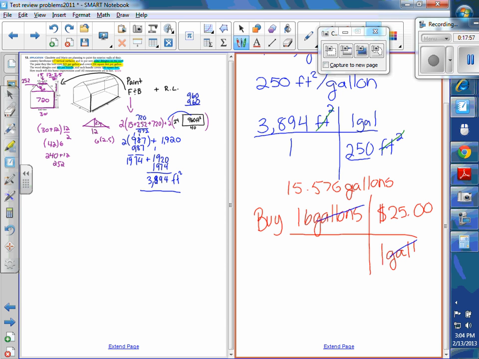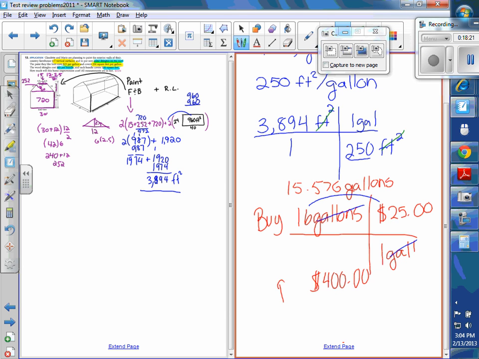So you're really going to multiply 16 times 25, and that's the cost for just the paint. So $400 worth of paint.